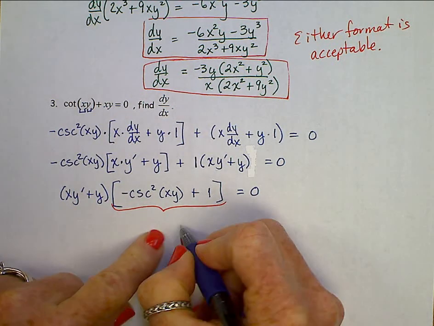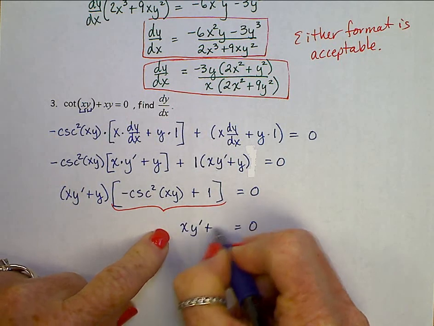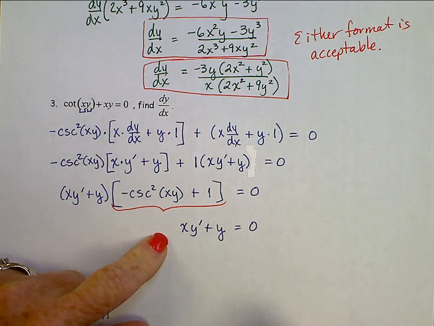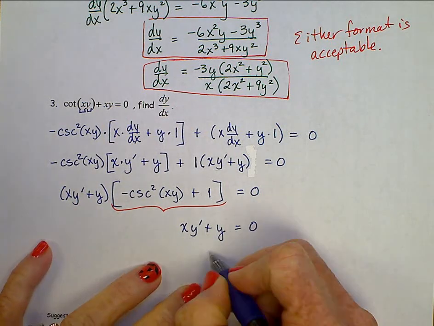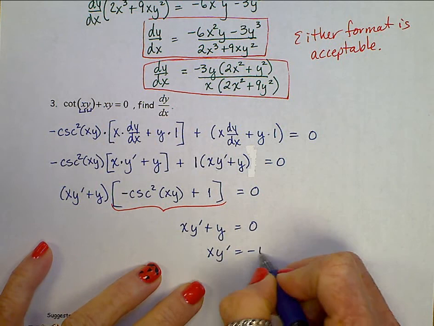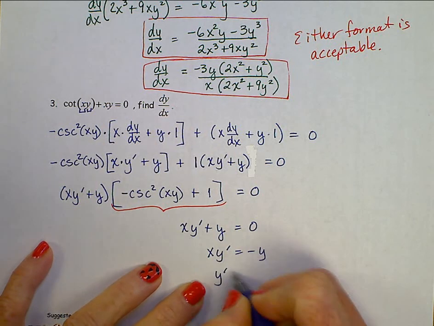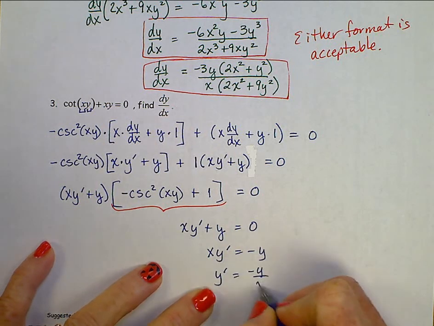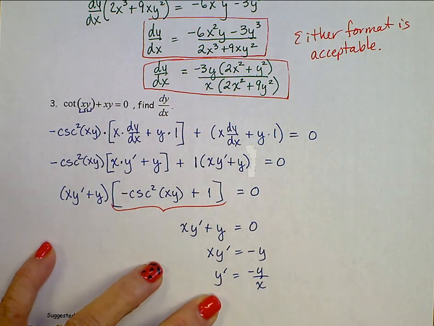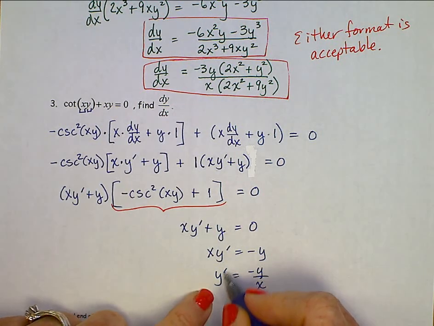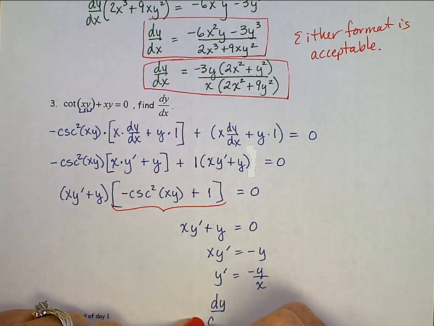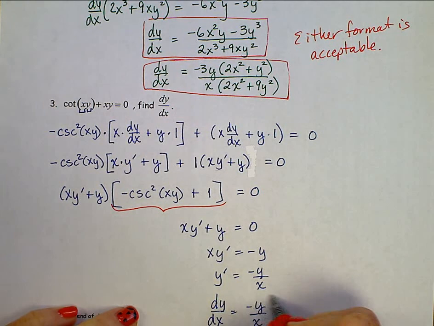So we have x y prime plus y. Solving for y prime, subtract that y, divide out the x, and then the last thing, just because they said in dy/dx form, so I'll change this y prime back to dy/dx is opposite y over x. And that's it.